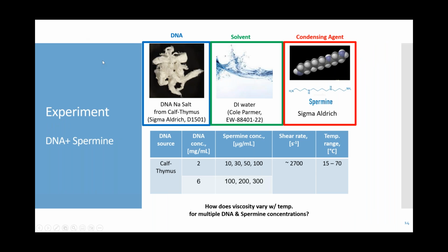So before I show you the data I collected, I want to briefly explain the sample preparation, and after that I will share and present the viscosity data with you. In order to understand the effect of condensing agents, we prepared solutions containing DNA and condensing agent in DI water. The condensing agent we used for these experiments is called spermine.